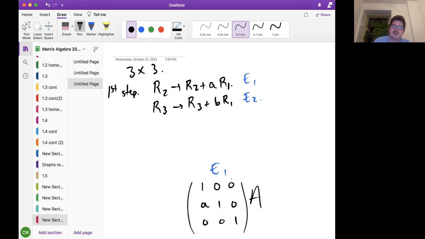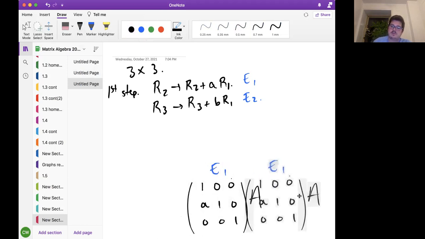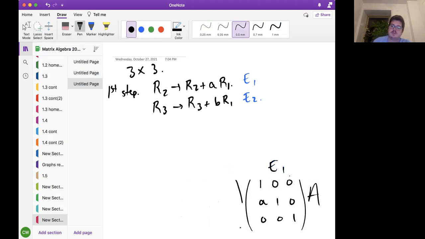Okay, so let's do the same thing for E2. What's the first row of E2? 1, 0, 0, right? That's not changing. What is the second row?